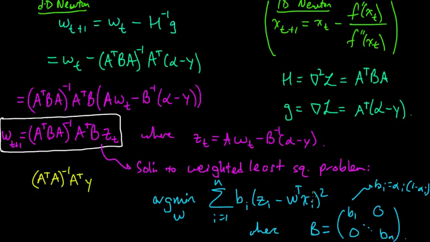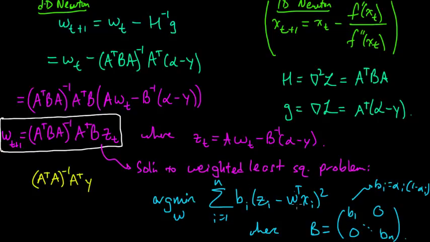So when we did the MLE for linear regression, we were solving a least squares problem, and we didn't have these bi's hanging out here. We didn't have these weights. It was a yi here instead of z, but that's not particularly important for this discussion.